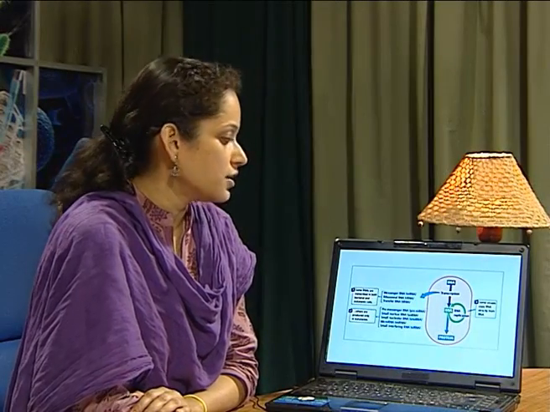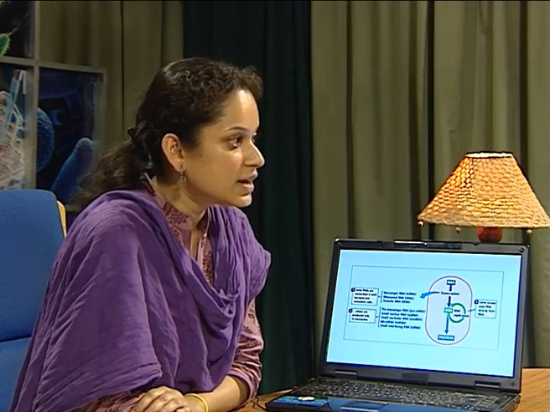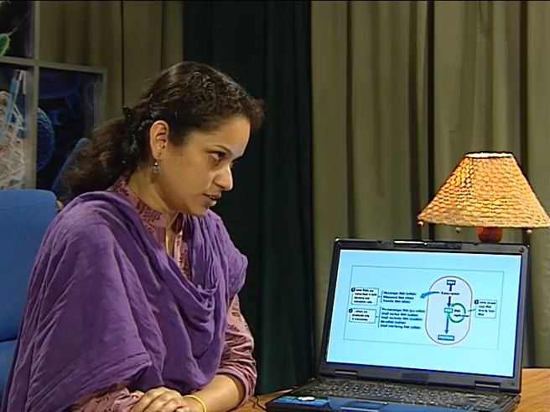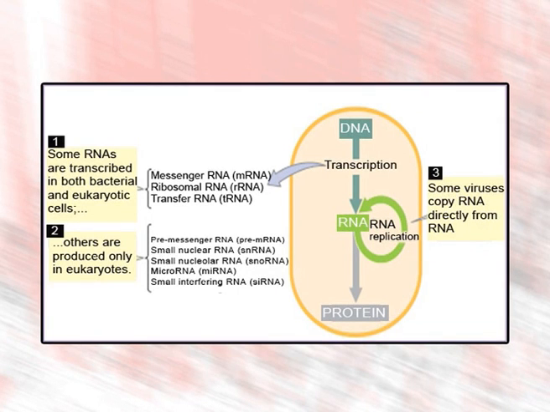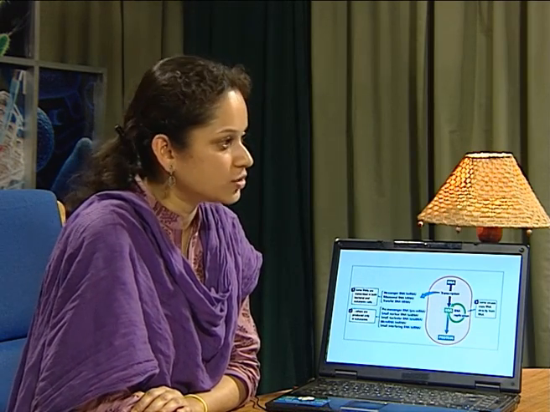The mRNA, rRNA and tRNA, which are found in both prokaryotic and eukaryotic cells, are transcribed from a DNA sequence. Now these DNA sequences are present in the nucleus of the cell, or in case of a prokaryotic cell they are found in the nucleoid region, while the RNAs found in the eukaryotes like pre-mRNA, snRNA, snoRNA, miRNA, siRNA, the gene sequences for these are found in the DNA, and these too are located in the nucleus of the eukaryotic cell.